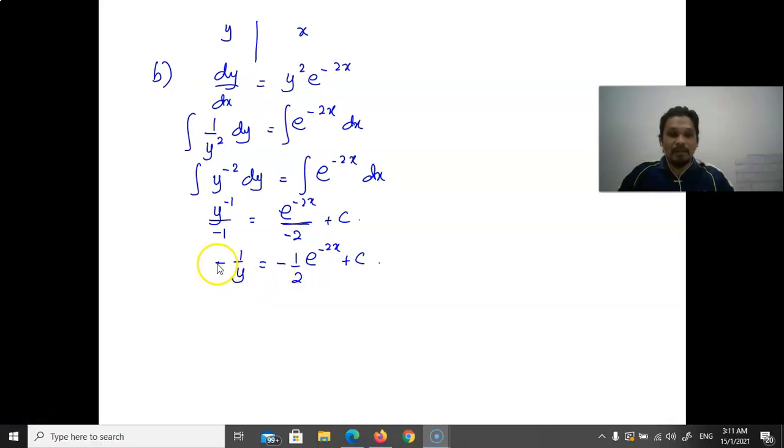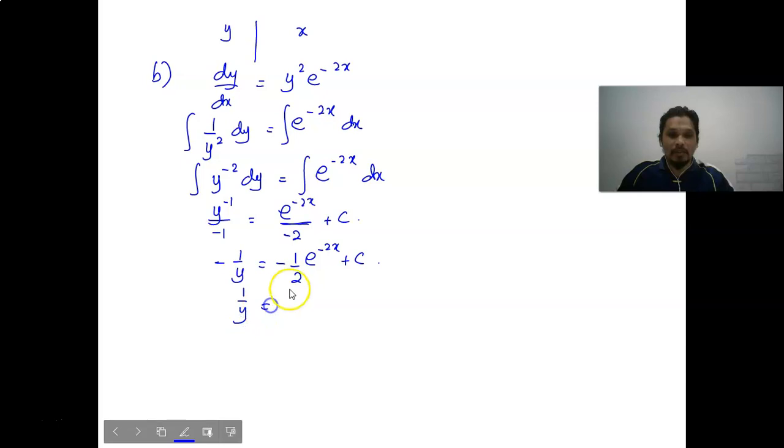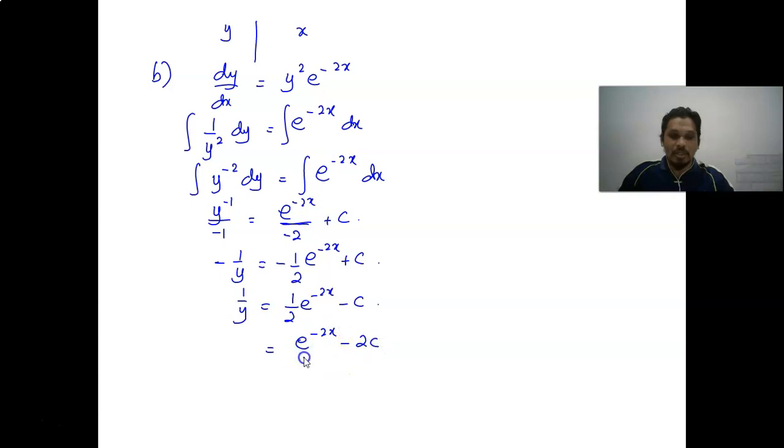Then multiply both sides by negative to eliminate the negative sign, giving 1 over y equals negative times negative, positive, positive times negative, negative. So 1 over 2 e to the power of negative 2x minus c. We simplify this as e to the power of negative 2x minus 2c, divided by 2.